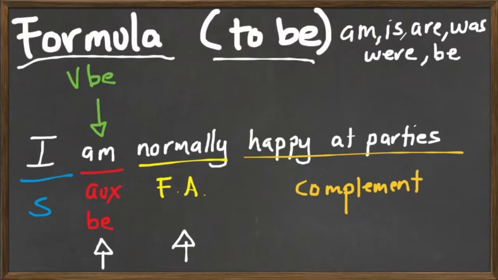In the example, I am normally happy at parties, we have the subject, and the auxiliary to be. This is the verb to be. Remember, the verb to be can be am, is, are, was, were, and be. After the verb to be, we have the frequency adverb, normally, and our complement.